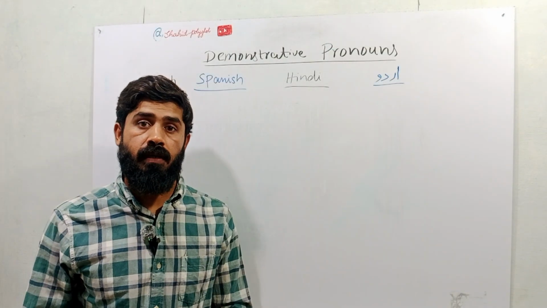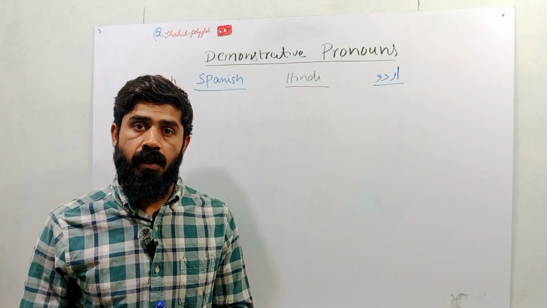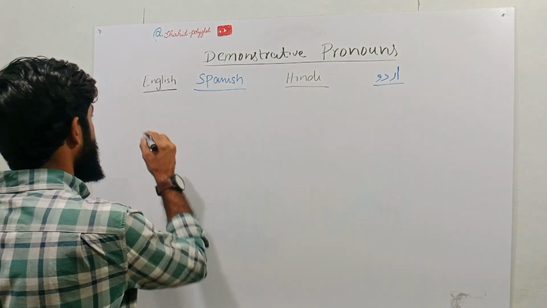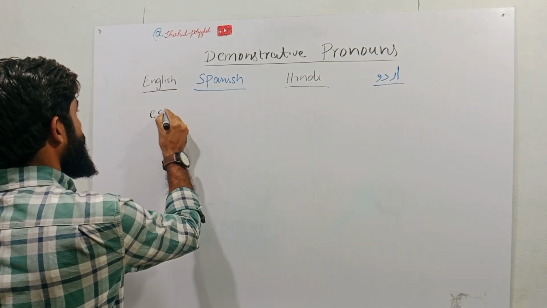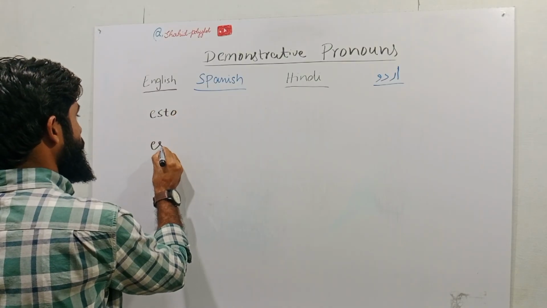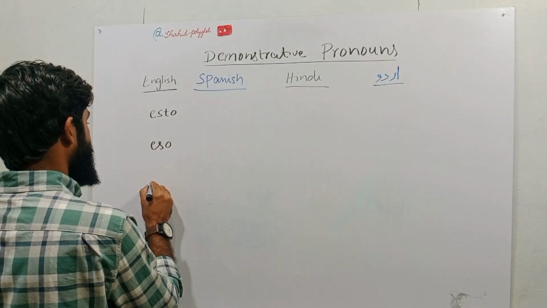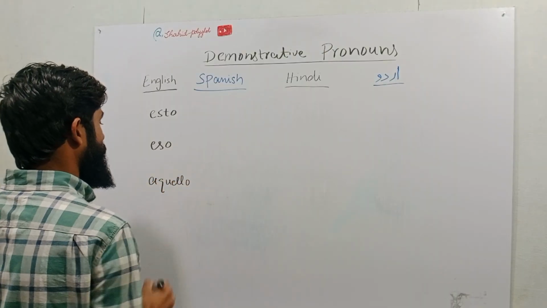Now, let me tell you that there are some neutral demonstratives in Spanish, which are esto, eso, and aquello.